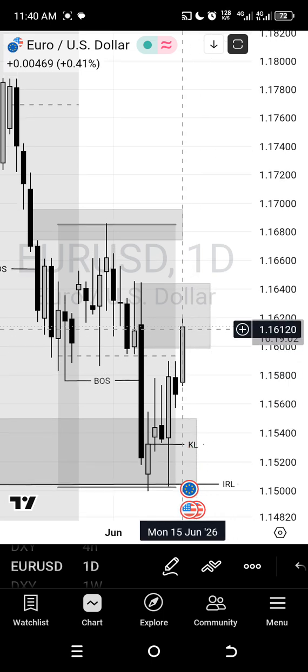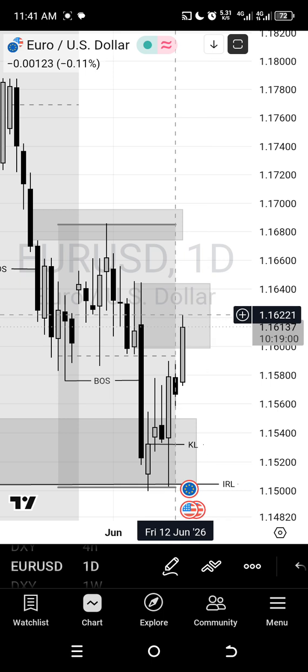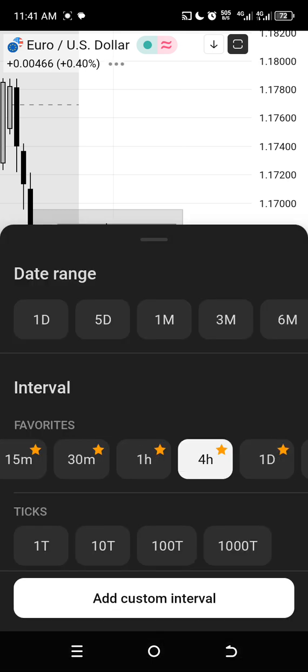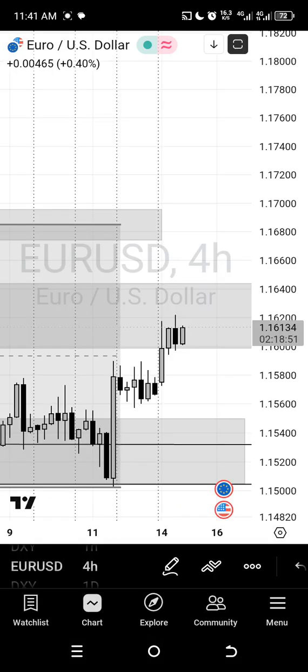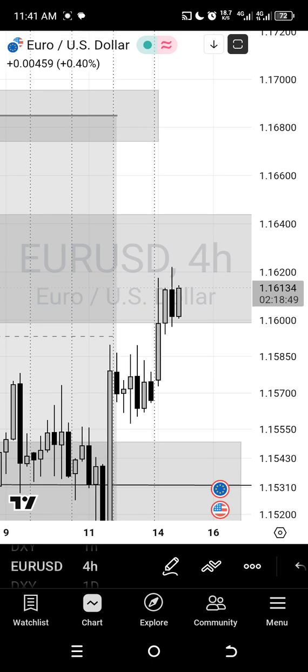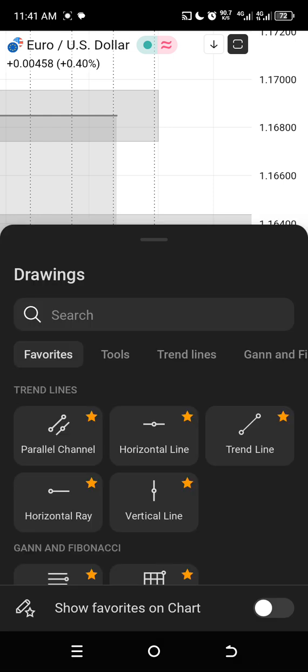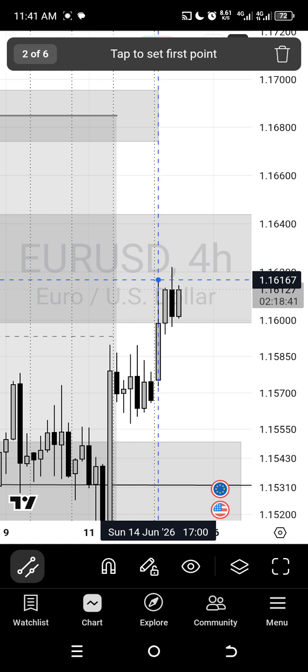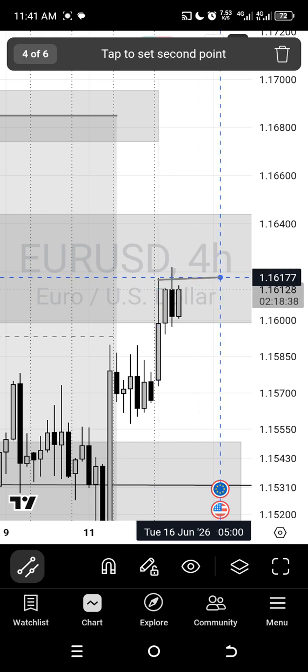Now that the market is in this bearish order block, we are going to go to the 4-hour time frame and look for a valid narrative, so as to trade, since we are inside our daily key level.